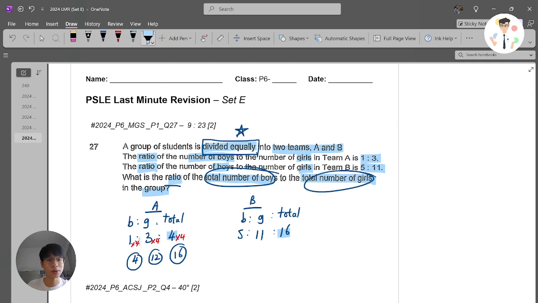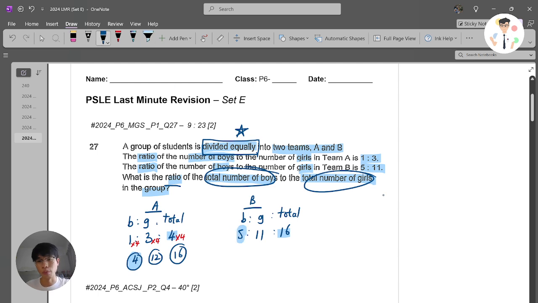So boys, I have 4 plus 5, which is 9. How about girls? Girls, I have 12 plus 11, which is 23. So with that, I know the ratio of boys to girls is 9 to 23.